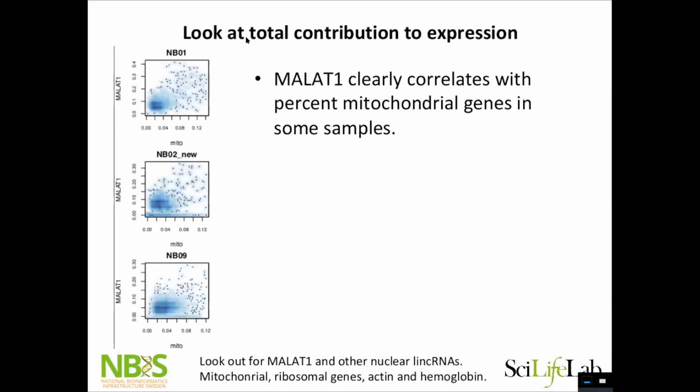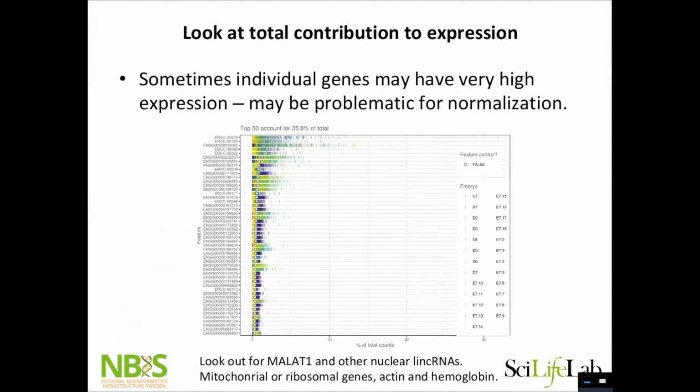So look at these kind of plots, looking at what genes I have in the data, I make a decision on what genes to keep. Another thing might be that you have some genes that make sense to have in there, but they're 20% of all your reads. And it varies some between, you might have actin, hemoglobin, depending on what sort of cell type you're working on, that will skew the normalization of your data.